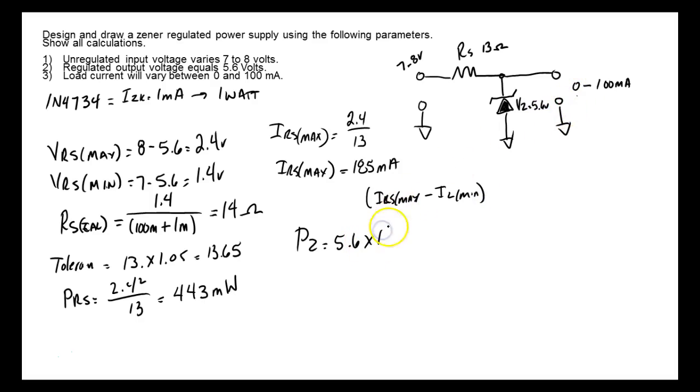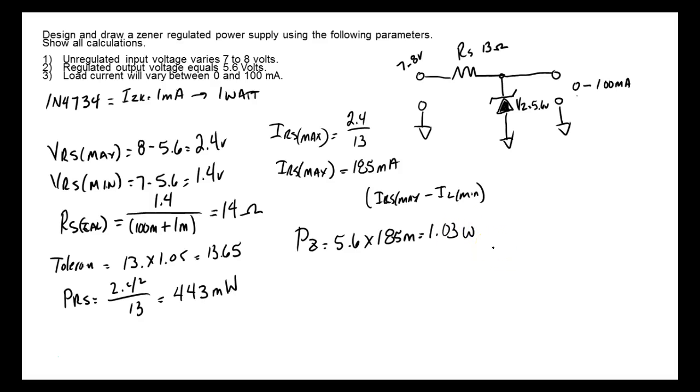So we'll just multiply this by 185 milliamps. And what does that give us? 1.03 watts.